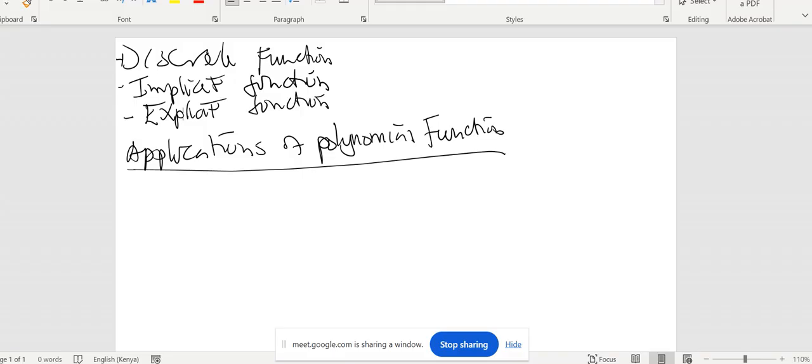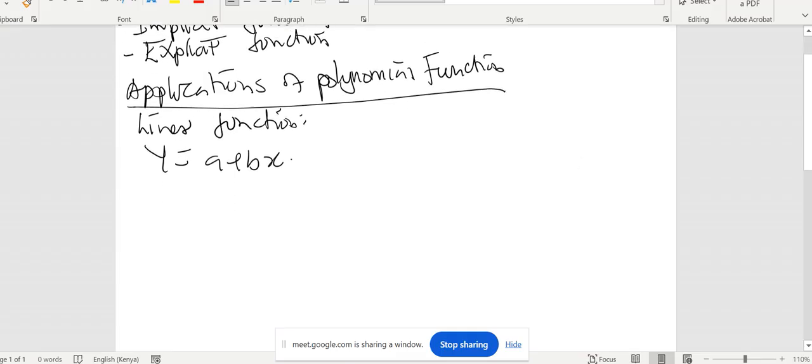So one, we can apply it in the form of a linear function. For example, we say y is equals to a plus bx. That's what we know. That's a linear function.